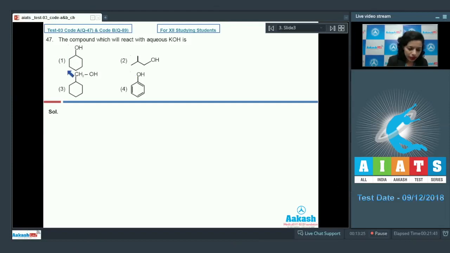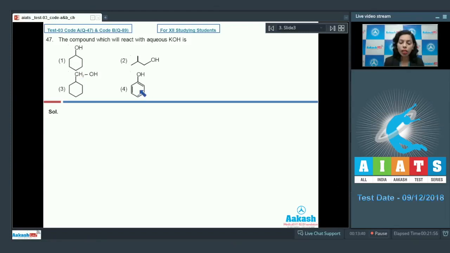So here, if you look at the given compounds, the first option is an alcohol. Further, the second option also contains an alcohol, and the third option is also an example of an alcohol. We know that alcohols are less acidic as compared to water.